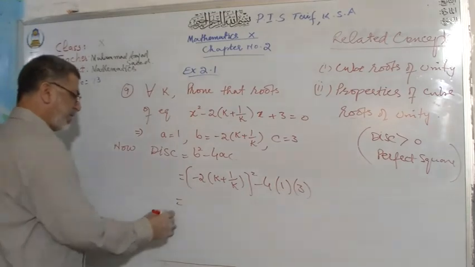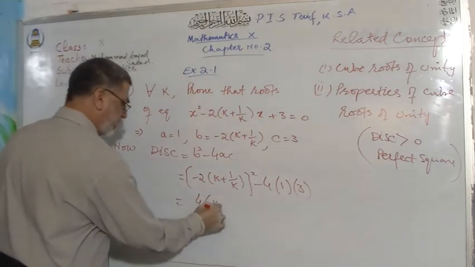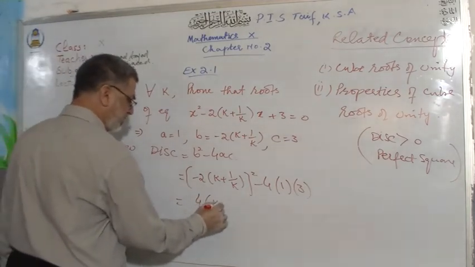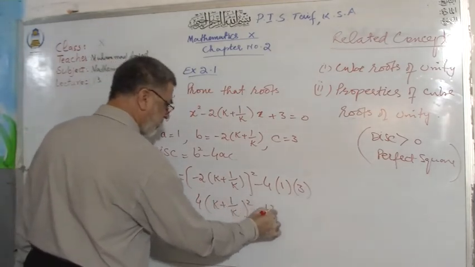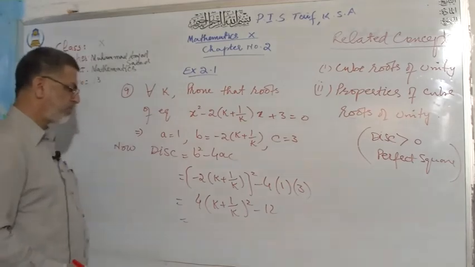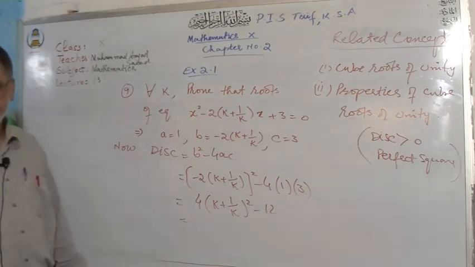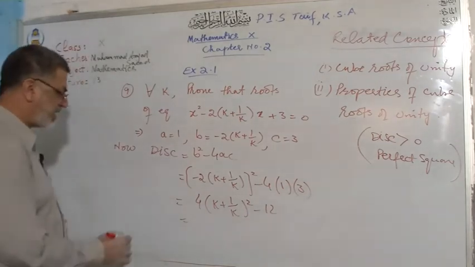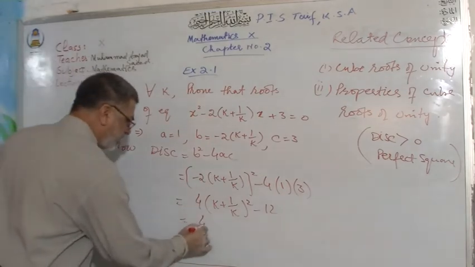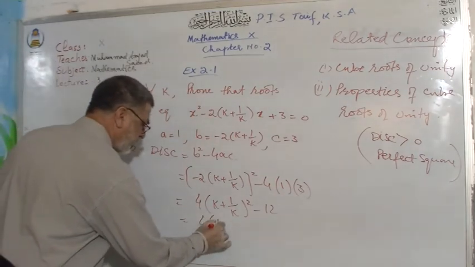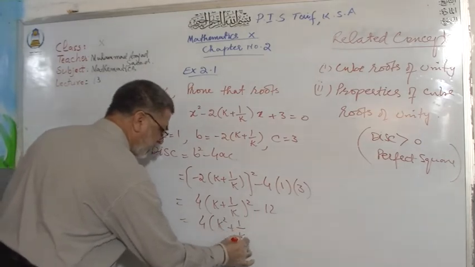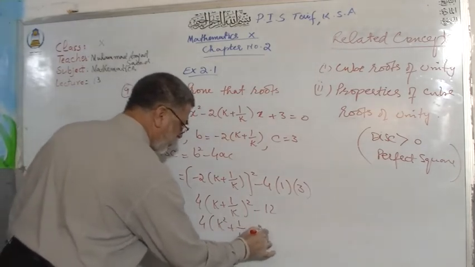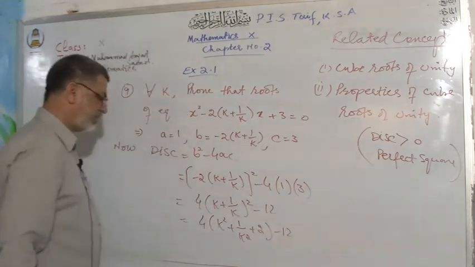Here you can say 4 into k plus 1 over k whole square minus 12. From here you can see 4 into k square plus 1 over k square plus 2 minus 12.